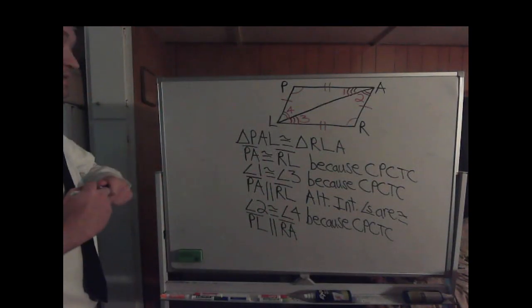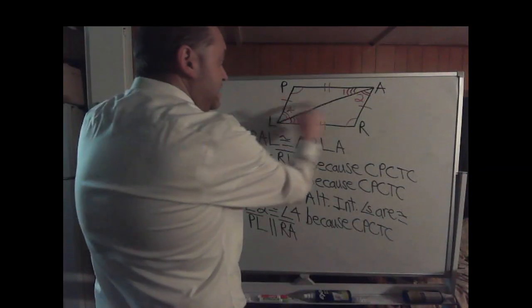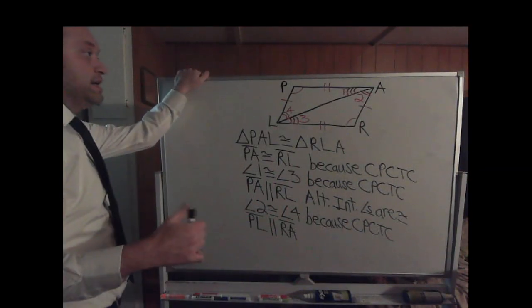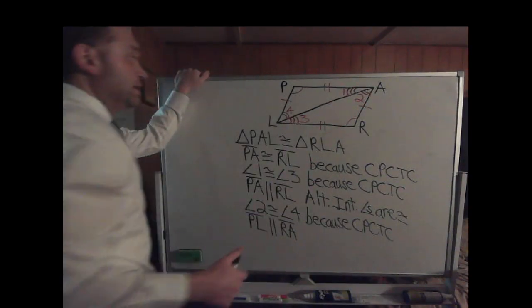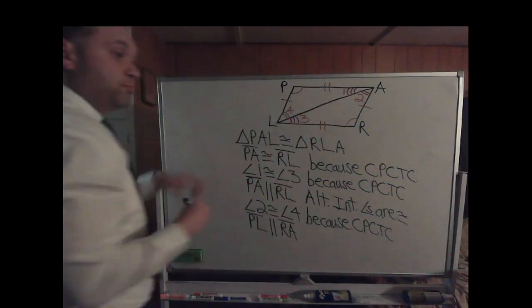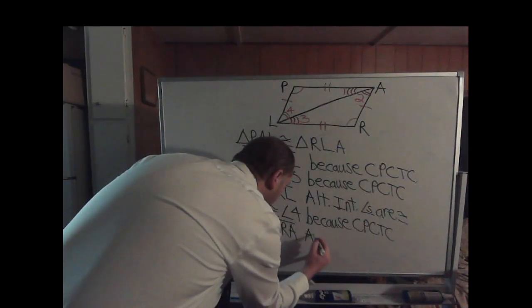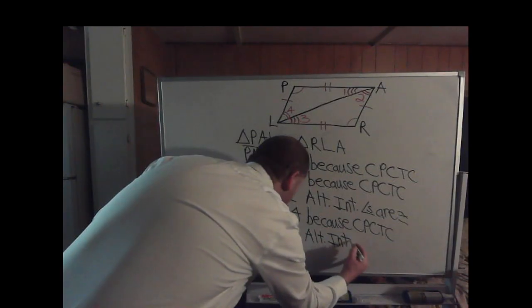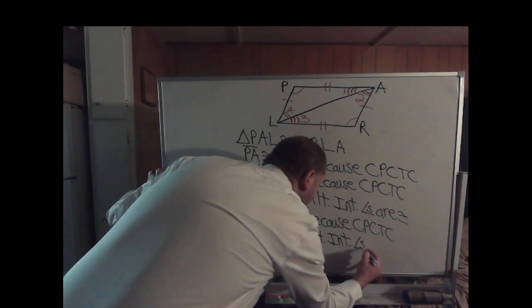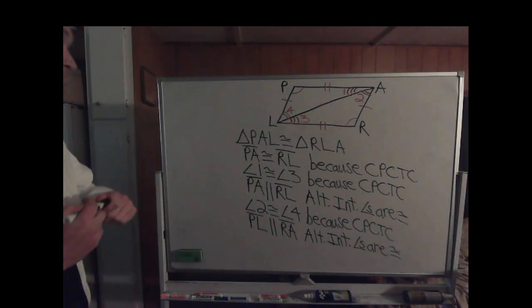Well, let's look at this. You have lines PL and RA, line segments PL and RA. They are both cut by transversal LA. And what do you know? 4 and 2 are both alternate interior angles. So by alternate interior angles being congruent, you can say that line segment PL is parallel to line segment RA.